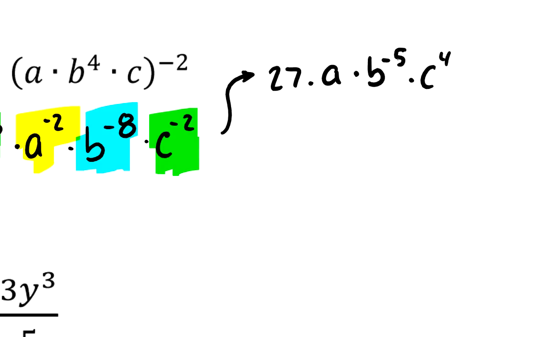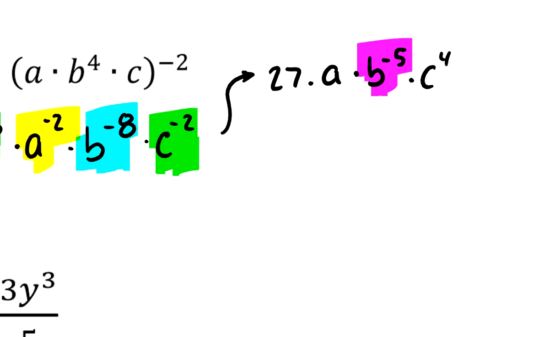The final thing that I would do with this is deal with the negative exponent, right? We don't want to leave a negative exponent in our final answer. So to deal with that, of course, we know that we could multiply by a giant 1 and go through that entire process.